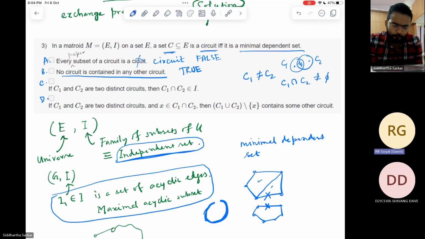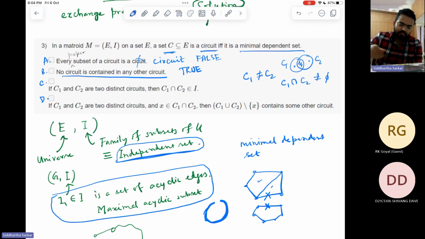So if I take the intersection of C1 and C2, what does this I stand for? This I is the family of independent sets, where independence is defined in a general sense.